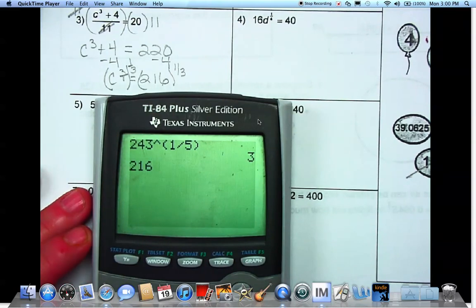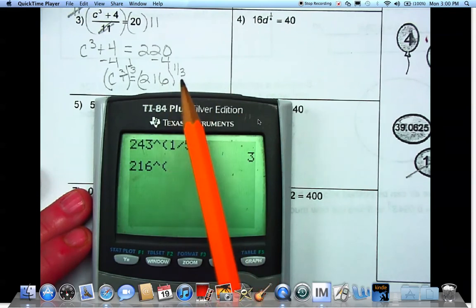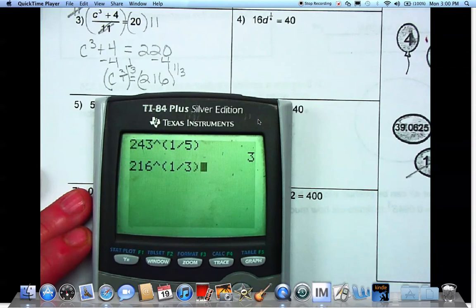Caret. To the what? Is it parentheses 3 over 1? No, 1 over 3. So parentheses 1 divided by 3, right. And we get 6.